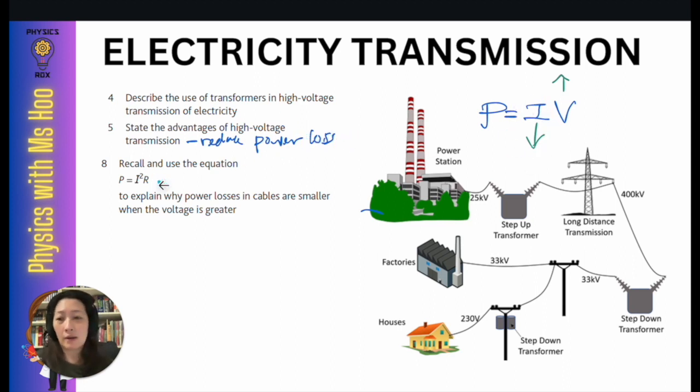Because power loss is calculated from the P equals I squared R formula. So P is the power loss, I is the current that's flowing through the cable, and R is the resistance of the cable. So from this formula, as you can see, the lower the current, the lower the power loss. So that's why we use high voltage transmission.